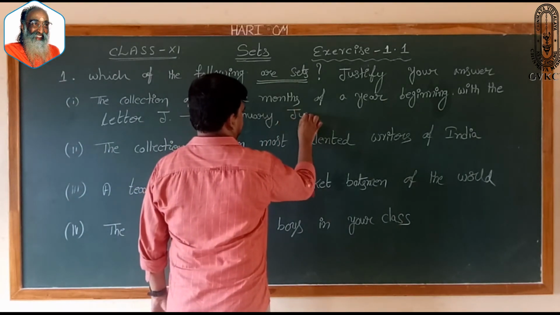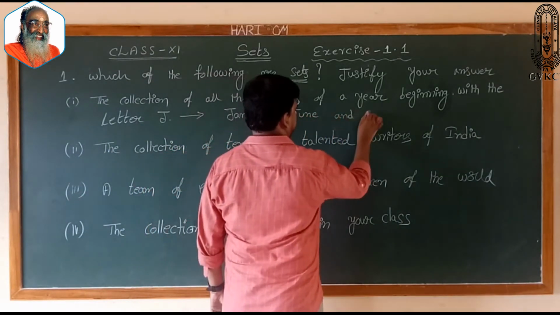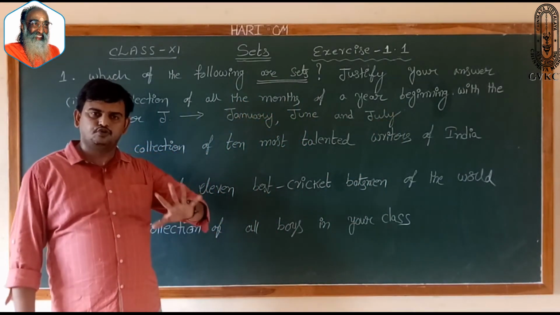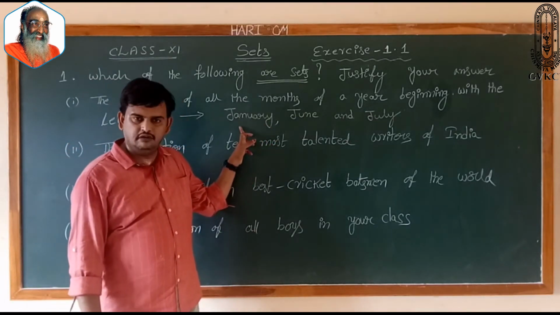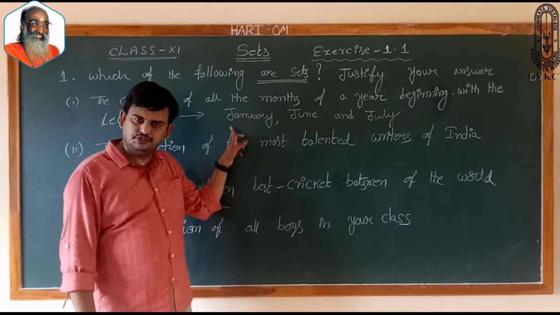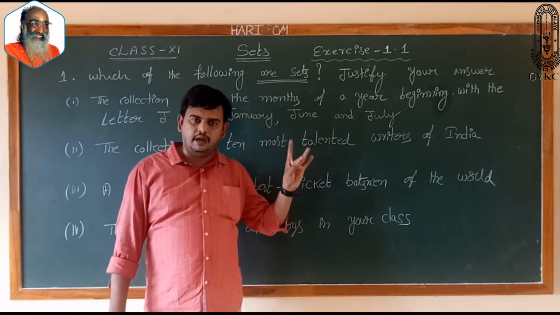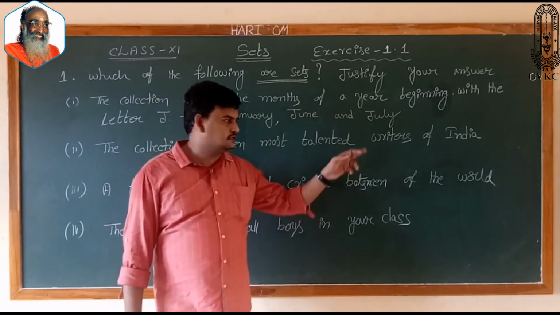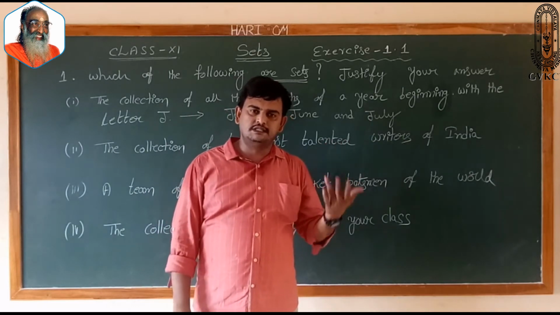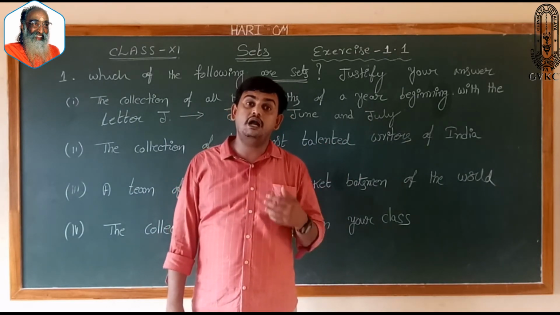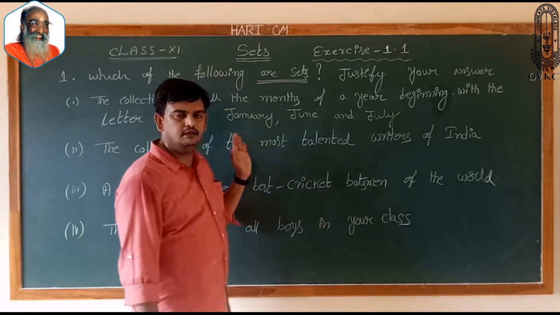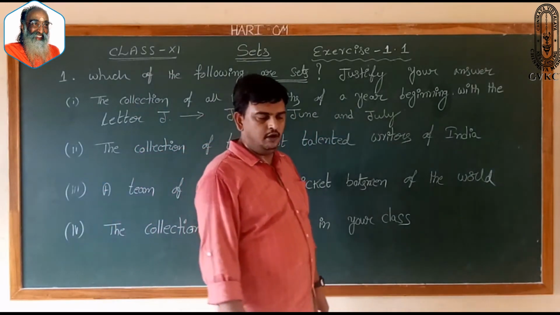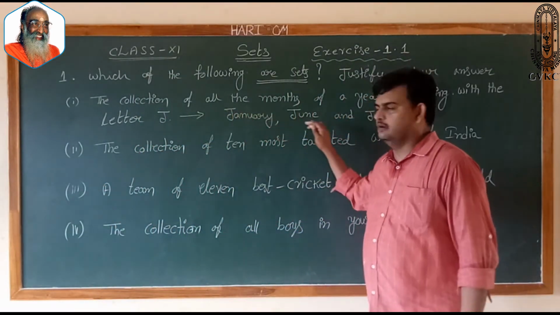January, June and July. Out of 12, January starts with J. February, March, April, May, June starts with J. July starts with J. August, September, October, November and December. So the 3 months starting with J are January, June, July.